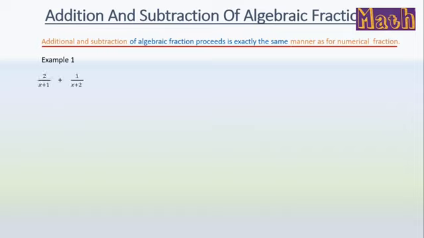The first one states that if you have 2 over x plus 1, plus 1 over x plus 2, I'm to find the least common multiple of x plus 1 and x plus 2. The least common multiple for x plus 1 and x plus 2 is x plus 1 times x plus 2. So I'll bring my bar above and bring my least common multiple below. That's x plus 1 and x plus 2.